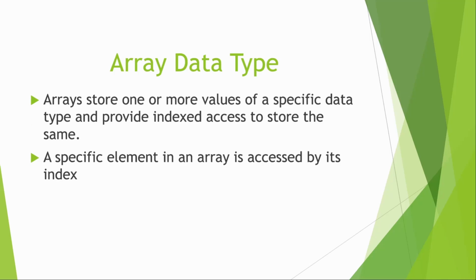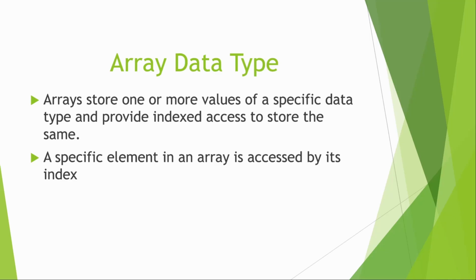Okay, now array. So what is an array? An array is used to hold elements of the same type. Suppose you want to store integers. If I want to store 1000 integers, I will not create 1000 integer variables. No point, right? So I will create an array in which I will say this array is of integer type, and I will give the size of the array as 1000.